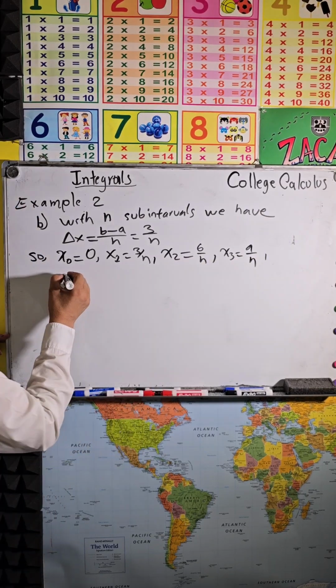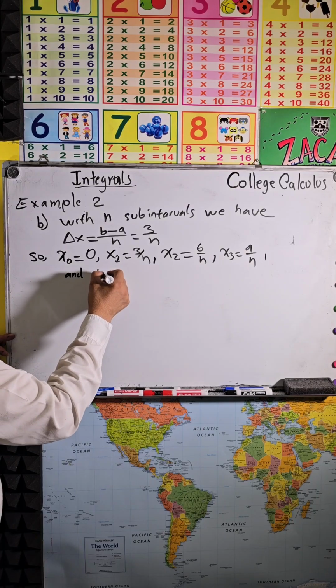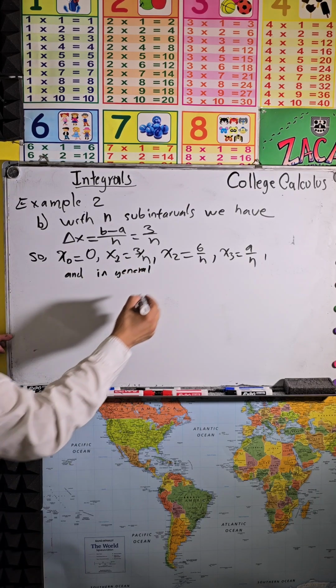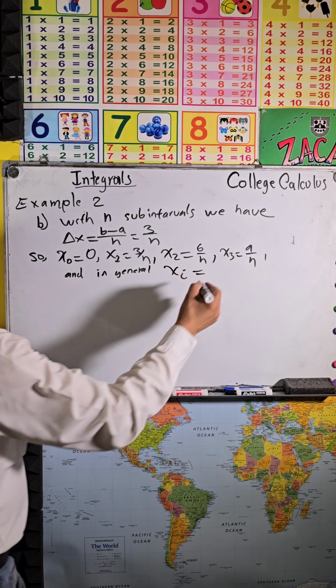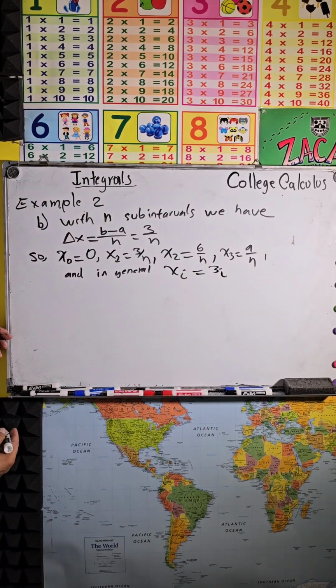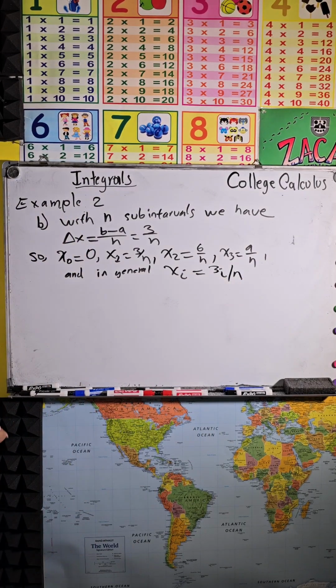And in general, xi equals 3i divided by n. Yeah, it's in general.